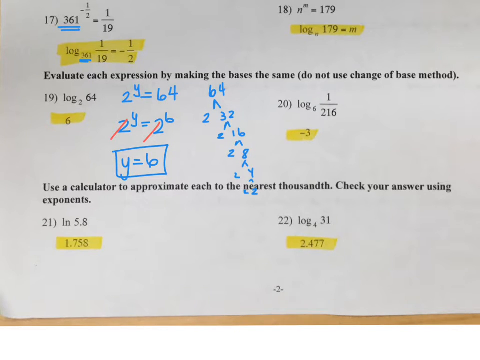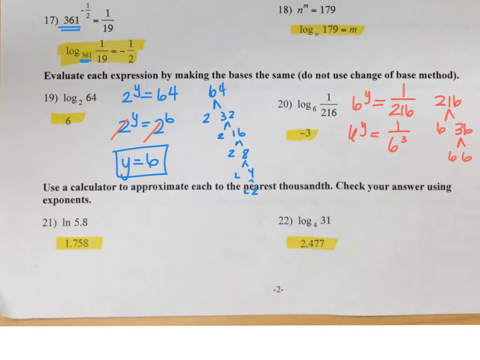All right, same idea on the other side. This is 6 to the y power equals 1 over 216. So I need to break down 216. So that's 6 and 36, which is also 6 and 6, so that's 3. So that means I've got 6 to the y equals 1 over 6 to the third.